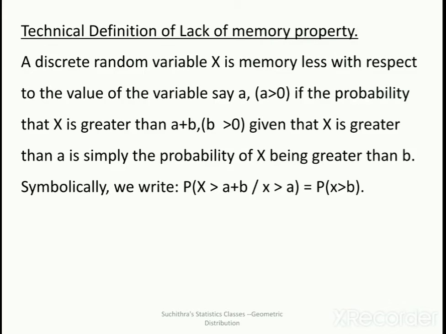Now let us study the technical definition of lack of memory property. A discrete random variable X is memoryless with respect to the value of the variable, say a should be greater than 0, if the probability that X is greater than a plus b, given that X is greater than a, is simply the probability of being greater than b.